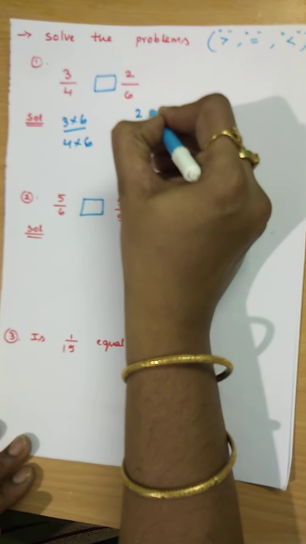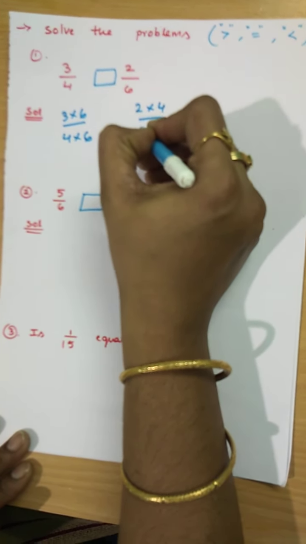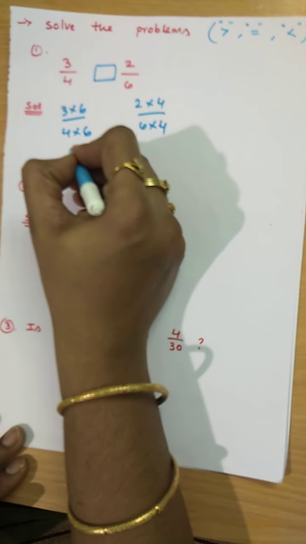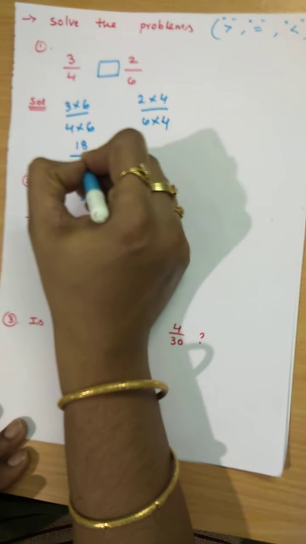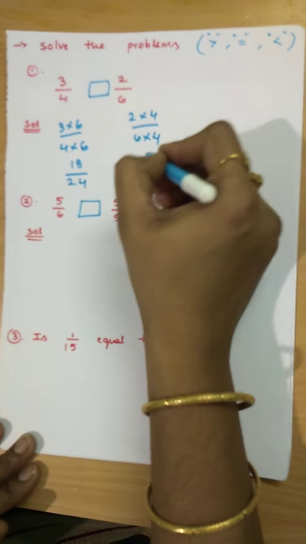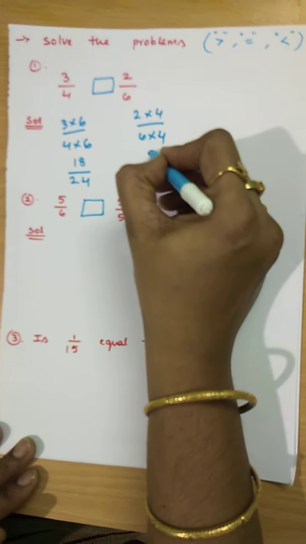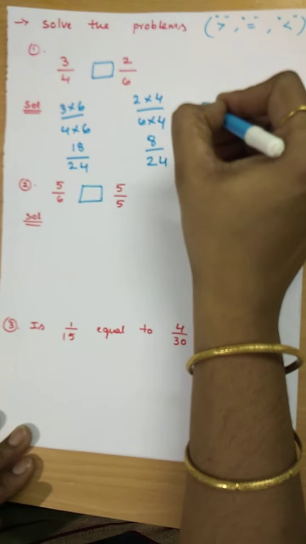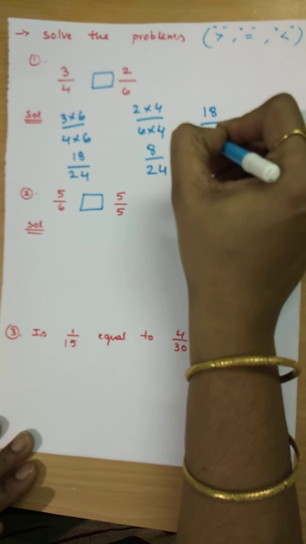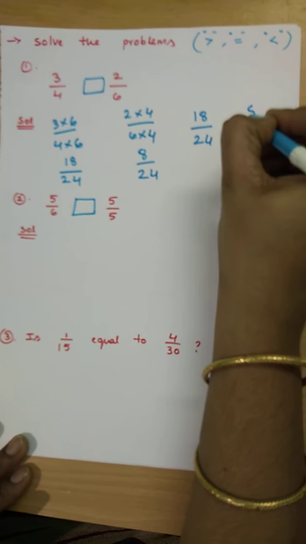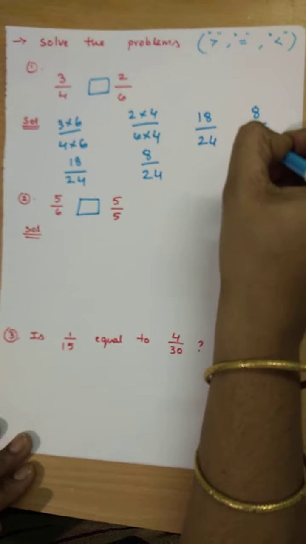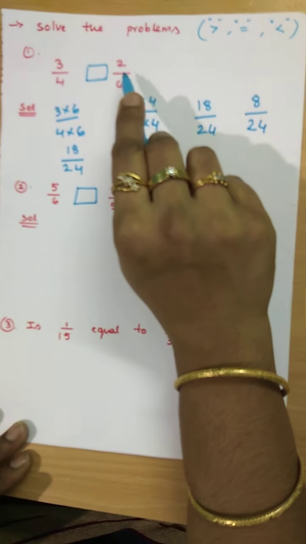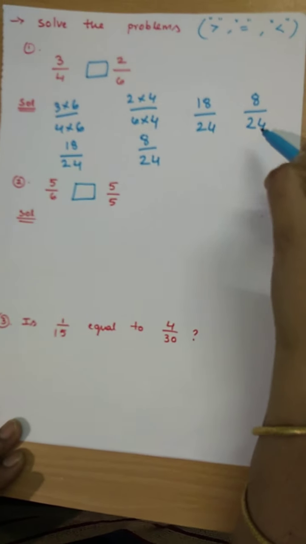After that, 2 into 4 divided by 6 into 4. 3 sixes are 18, 4 sixes are 24, 4 twos are 8, 6 fours are 24. So we got 18 divided by 24 and 8 divided by 24. So I have changed both unlike fractions into like fractions.